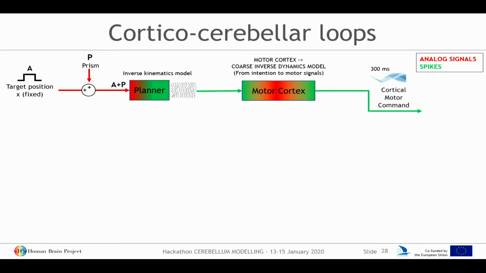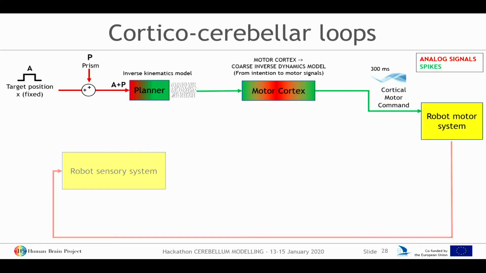These cortical commands go to the robot motor system or to the muscular system, and then we have the generation of the action, and then the sensory information recorded by our sensory system or by the robot sensors.